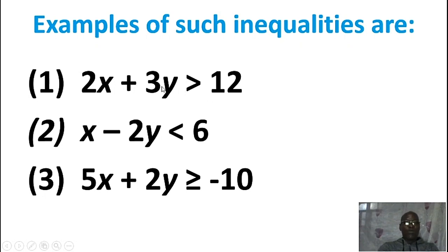For you to solve for x, y must be known. For you to solve for y, x must be known. That is why in solving this type of inequality, we always assume on the x-axis that all values of y are 0, then on the y-axis all values of x will be 0.